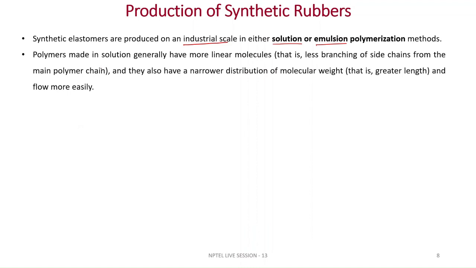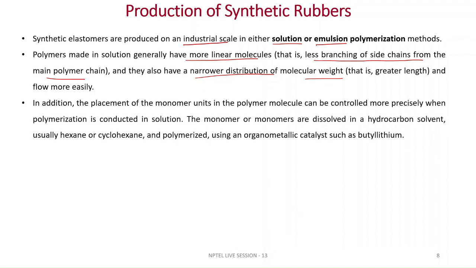Polymers made in solution generally have more linear molecules, that is, less branching of side chains from the main polymer chain, and they have very narrow distributions of molecular weight and flow more easily. In addition, the placement of the monomer unit in the polymer molecule can be controlled more precisely when polymerization is conducted in a solution.